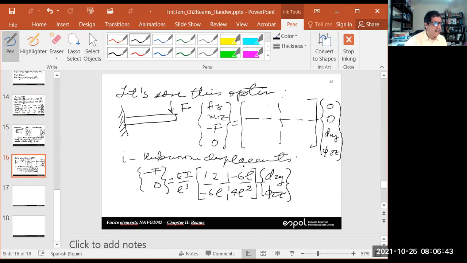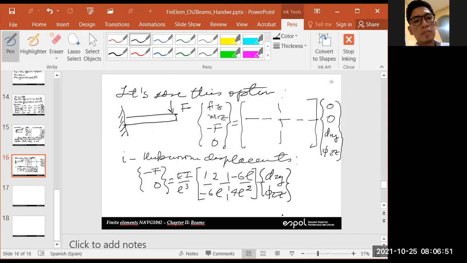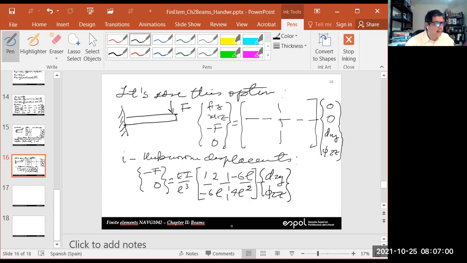Anybody? Determinant of this? Miss Pinkai, what's the determinant of this matrix? But I don't remember how to get the... Come on.